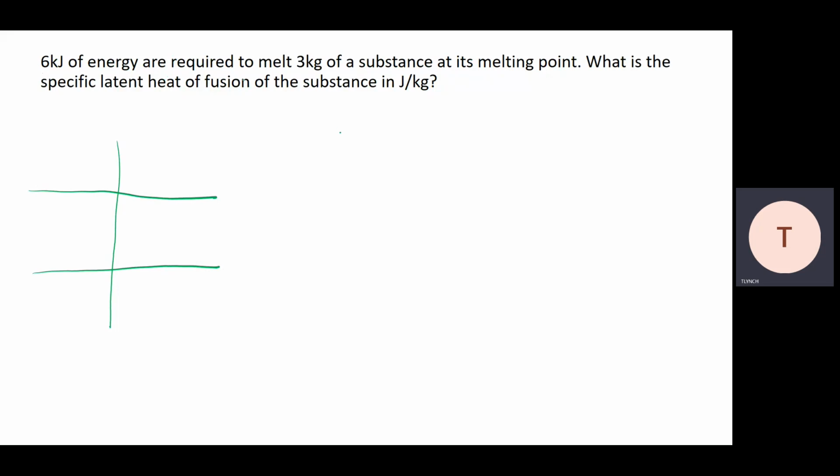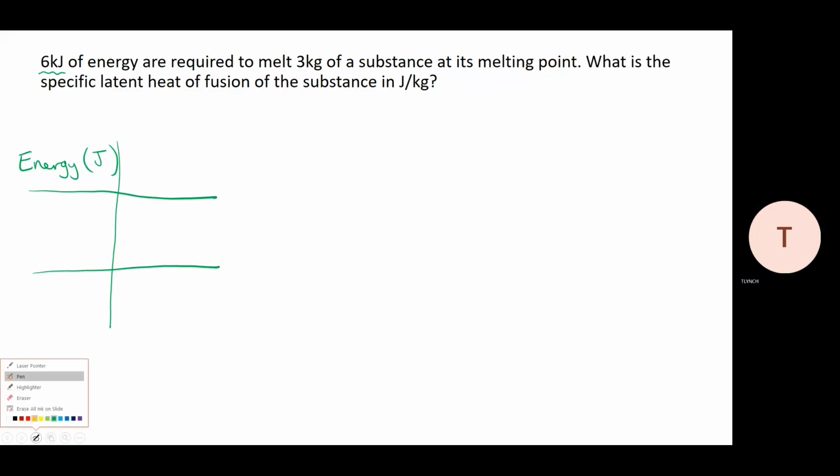So as I'm reading through now, I would start to fill in some of this information. The 6 kilojoules of energy. So I've got energy, and I want to be asking myself every time, what unit am I supposed to be using for energy? And for energy, I'm just supposed to be using joules. Now in the question, it's not given in joules, it's given in kilojoules.